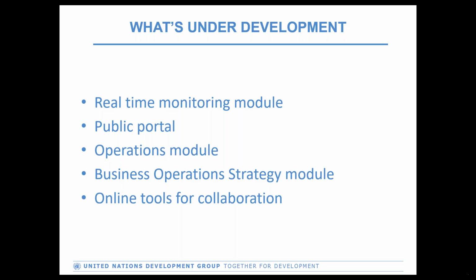What's under development at the moment is what we're calling a real-time monitoring module. This is a feedback mechanism, a survey mechanism that can be completed over mobile phone, over messaging apps, etc., just to take in some of the innovations which are across all the agencies. Many agencies, WFP, UNICEF, many others are using these kinds of surveys.